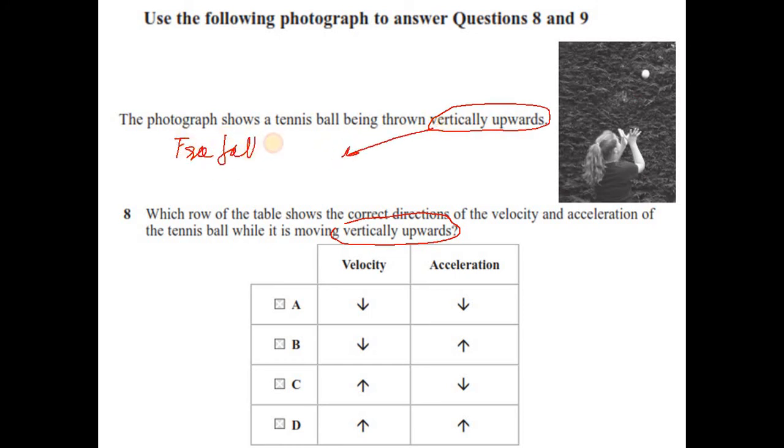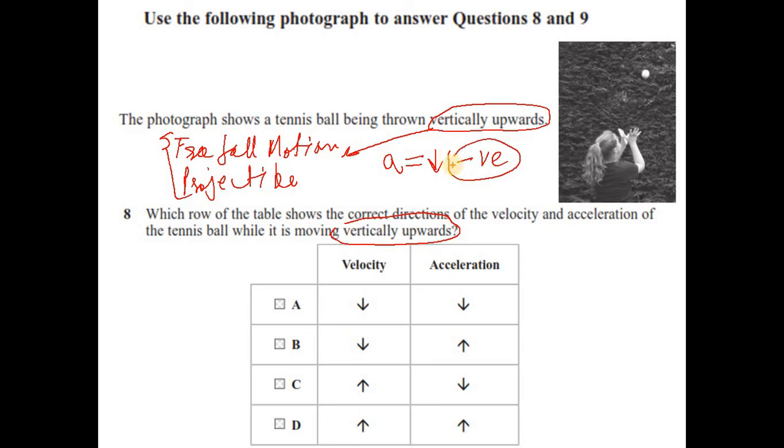Free fall motion. Or you can say it is an example of a projectile. In fact, it is a vertical projectile. So no matter what you say, you can say it is a free fall or a vertical projectile. Remember, for free fall motion, acceleration always remains downward, because of the negative direction of the motion.